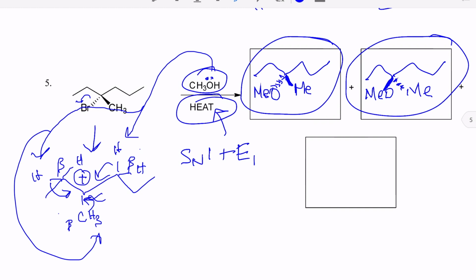If we were to focus the elimination reaction using this beta carbon, we get this as our first answer.